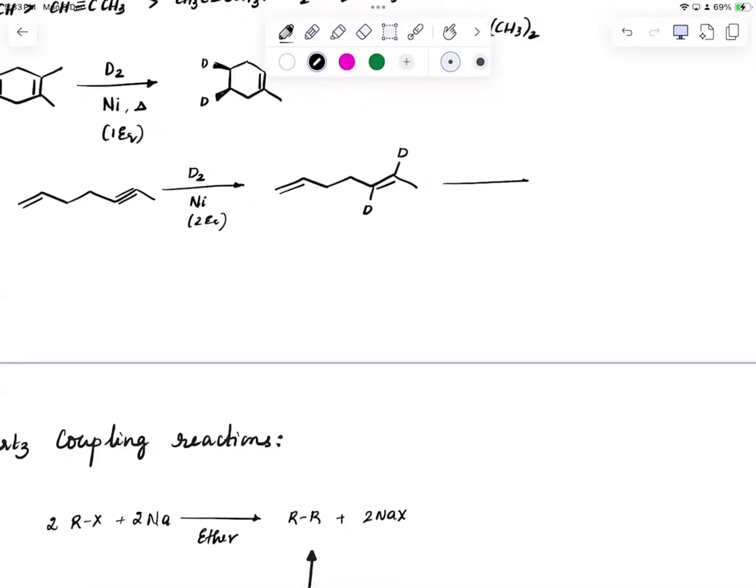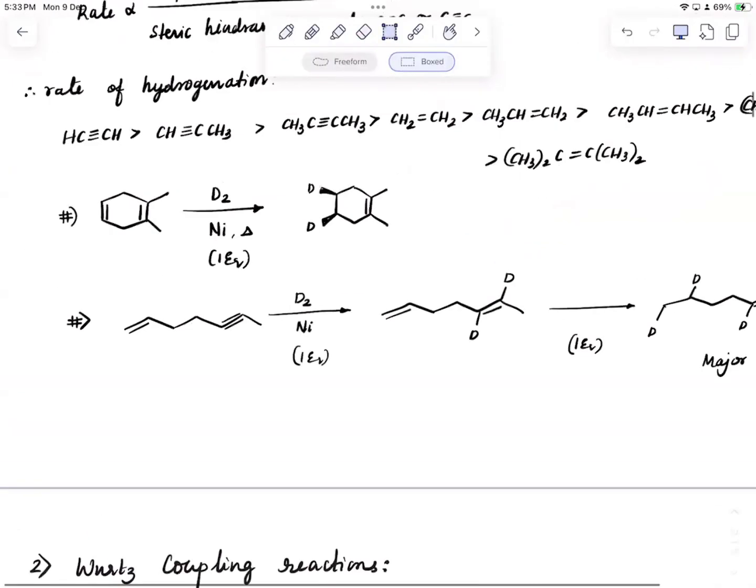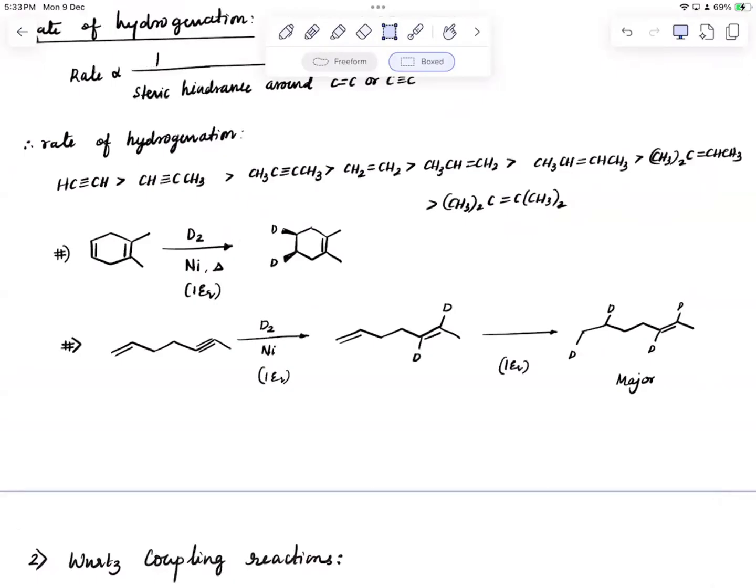This is for the first equivalent. When you add the second equivalent, now you know that this double bond is more substituted. So where do we add the next deuterium? Deuterium will be added here. So this double bond will stay, but this will remain. So this is the major product. So one equivalent here, first equivalent here, and second equivalent here. So that is the product form. Okay. So I guess this part is clear, beta. Any doubt here?